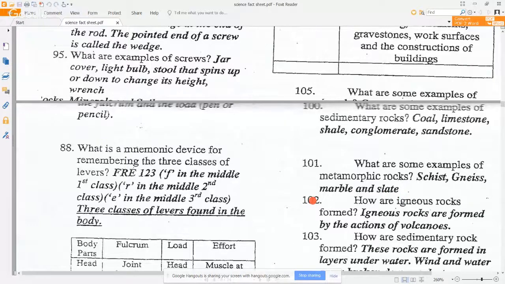102. How are igneous rocks formed? Igneous rocks are formed by the action of volcanoes. And we also like to say that igneous rocks are rocks of fire. Number 103.